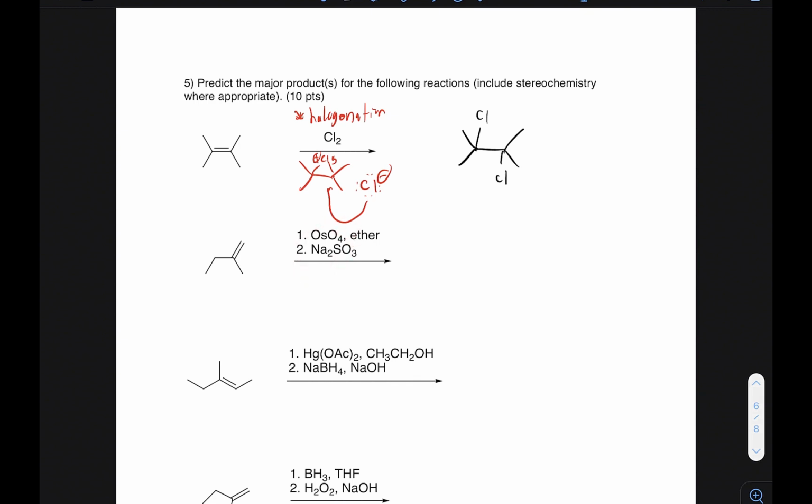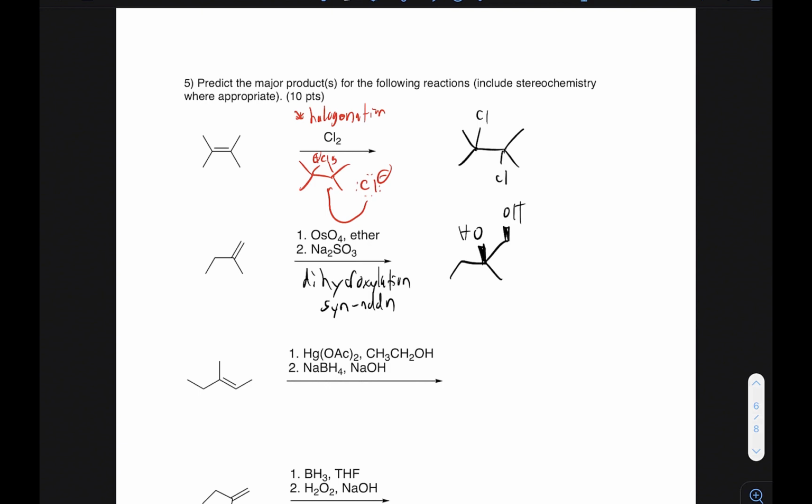For the second question here, we have the dihydroxylation occurring, meaning we're adding two OHs across the alkene. And they're adding on the same face, right? We have this syn addition happening. So we actually have a mixture of an OH on a wedge.